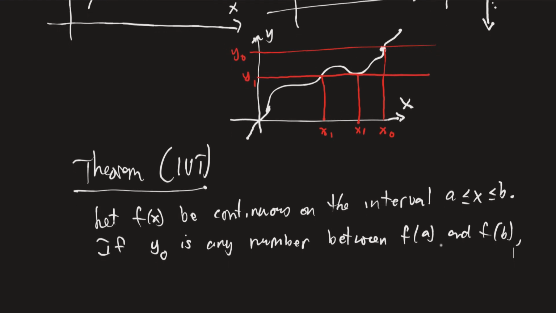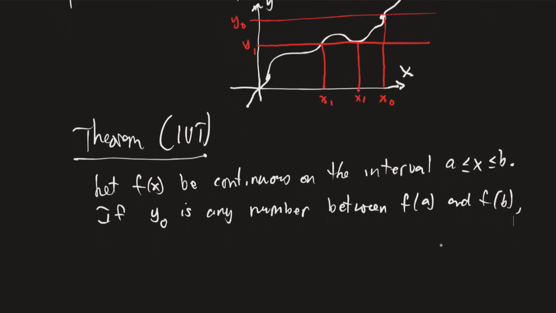you'll see the reason I say between and not necessarily use an inequality is I don't know if f of a is bigger than f of b or less than f of b.